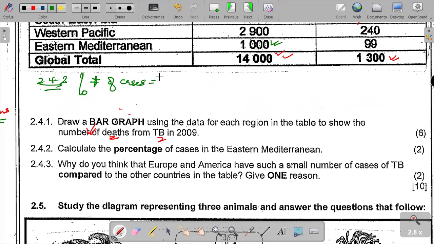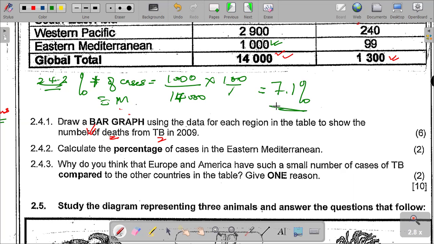We are given that this is for Eastern Mediterranean, which is 1,000. I take that from the region, over the total, which is 14,000, multiplied by 100 over 1. When you put that through your calculator, you get 7.1%.